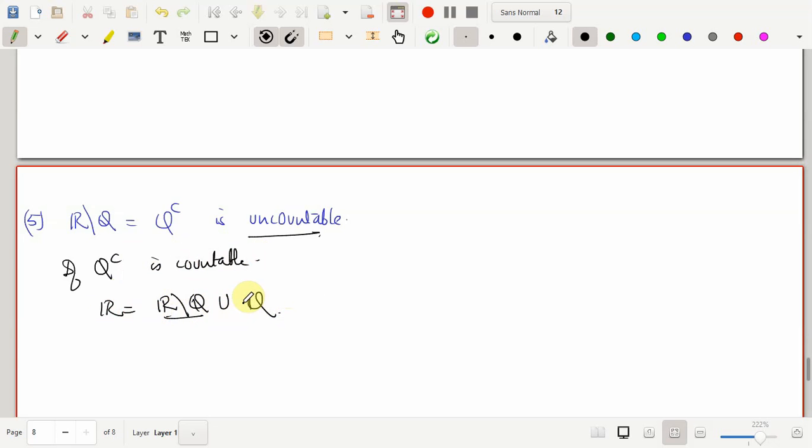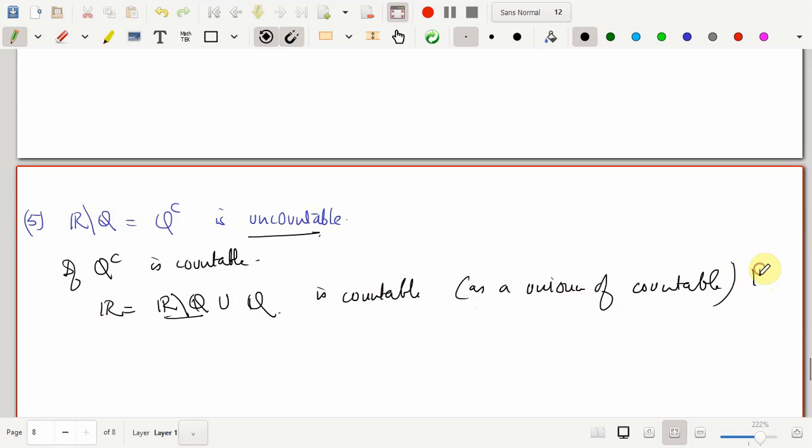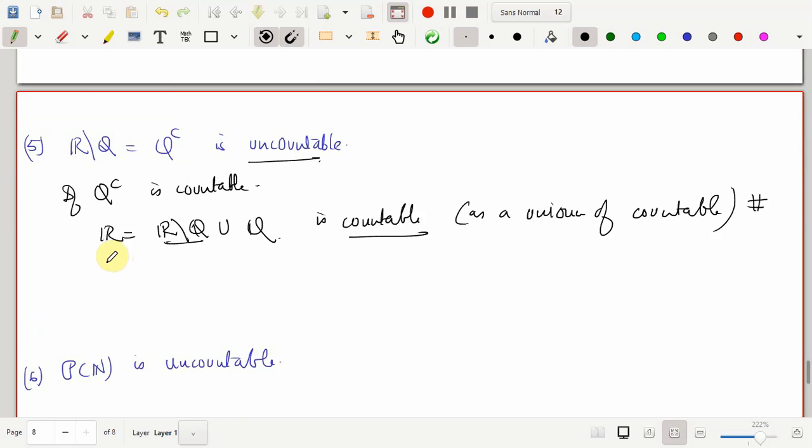So therefore this is a union of countable sets, which is countable. But this is the standard set R. We know that's a contradiction. It cannot be countable. It is an uncountable set. So our assumption that the irrational set is countable is not true, and therefore it is uncountable.